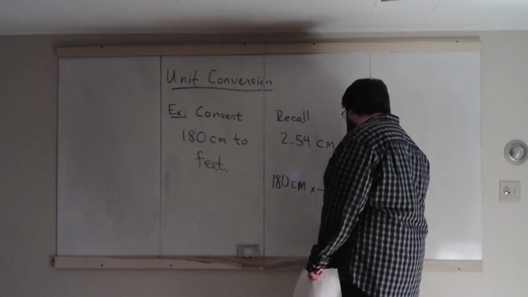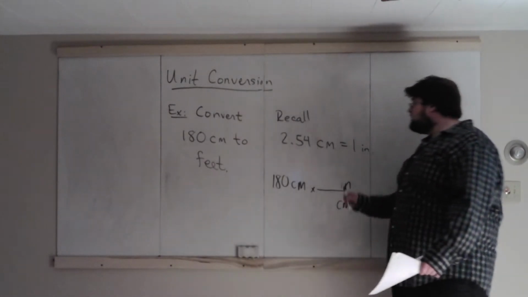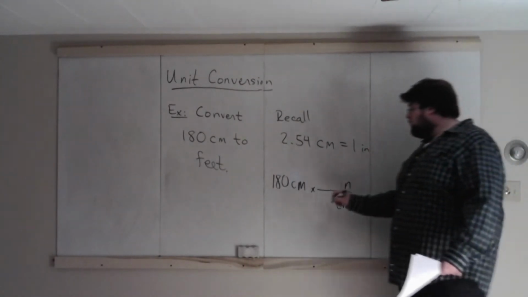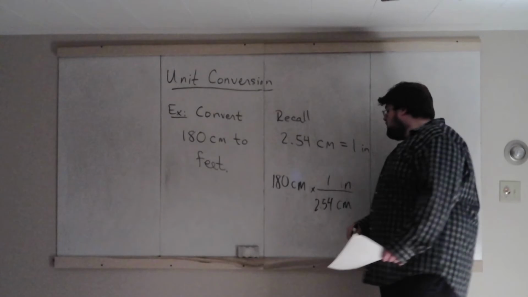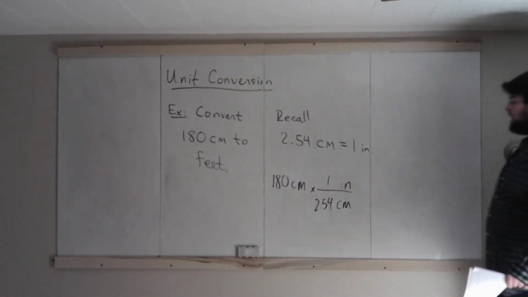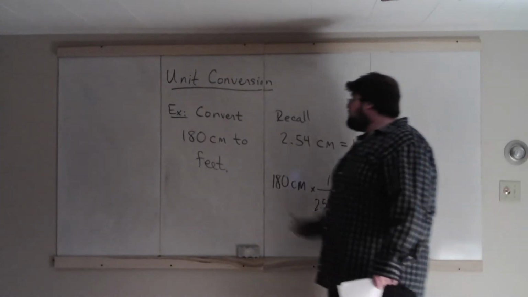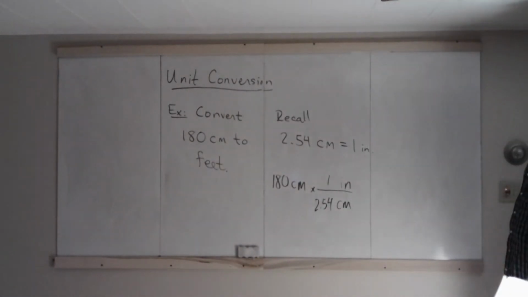We can convert to inches as we did before. Divide by centimeter, multiply by inches, 2.54 centimeters in 1 inch. Well, that's wonderful. We have now turned it into a number of inches, as we did in the previous example. But that's not what we want anymore. We want this in feet.